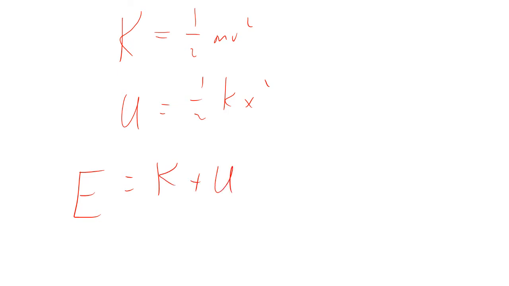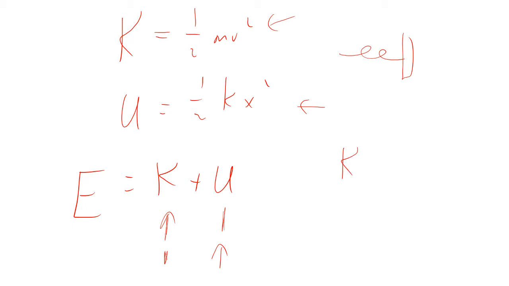So when you are at x equals 0, the equilibrium spot, potential energy is 0 and the kinetic energy is at its max. On the other hand, if you are at the extremes, x equals A, then the velocity is 0, so kinetic energy is 0 and potential energy is at max.